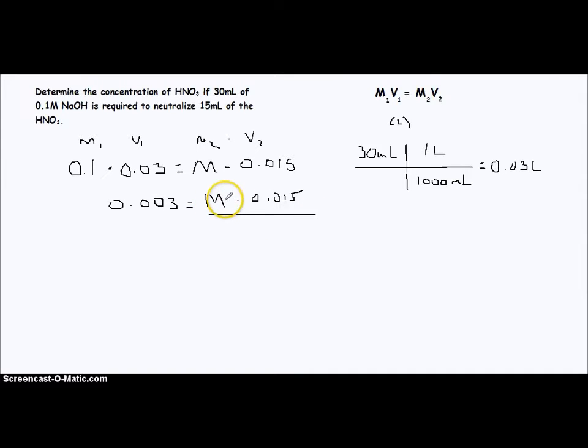Well, this is a concentration times a volume, so you're going to take 0.015 and divide that on both sides. Okay, and when you divide that out, you're going to end up getting 0.2 for your concentration of your nitric acid here. So that is something that we would do with the titration.